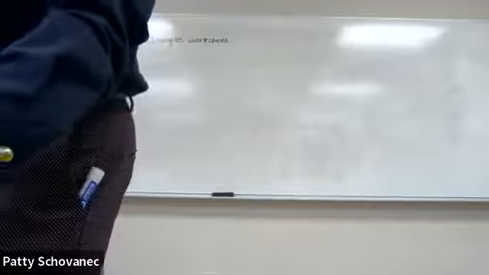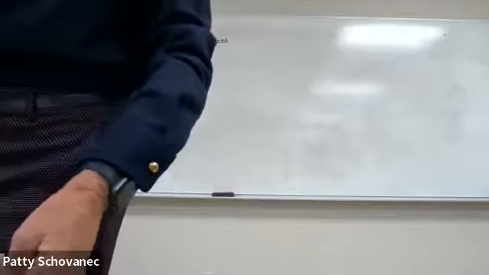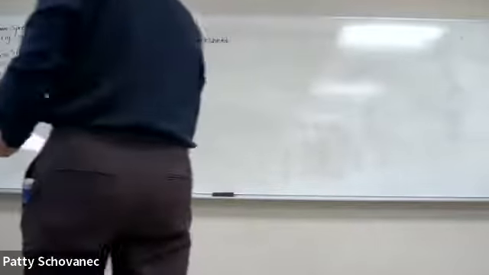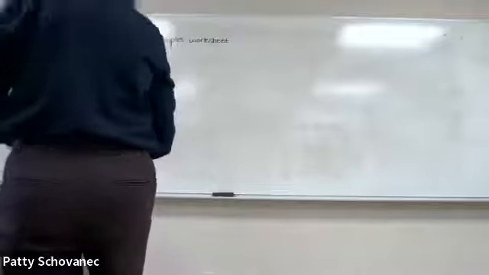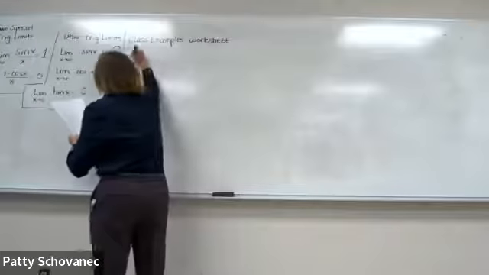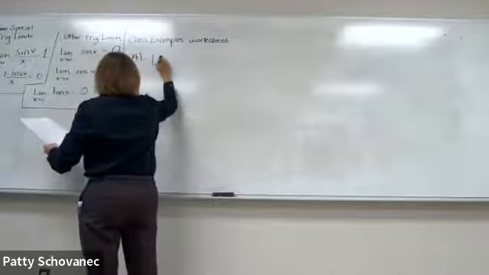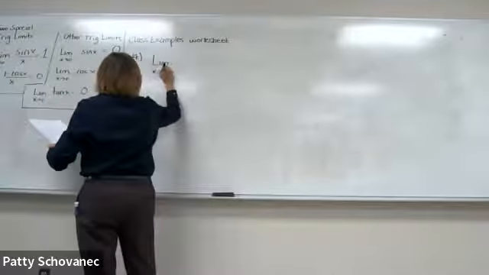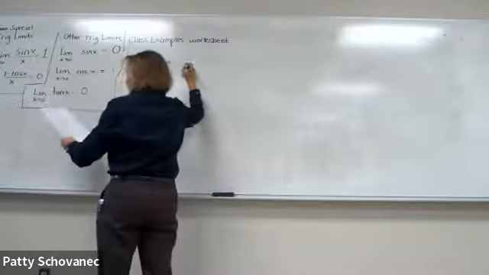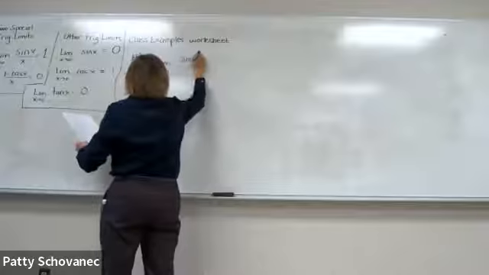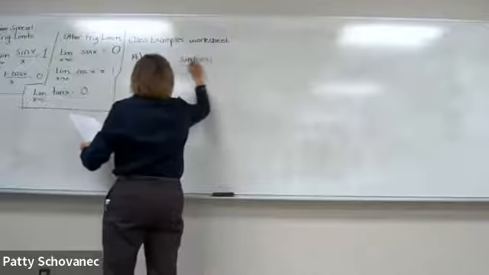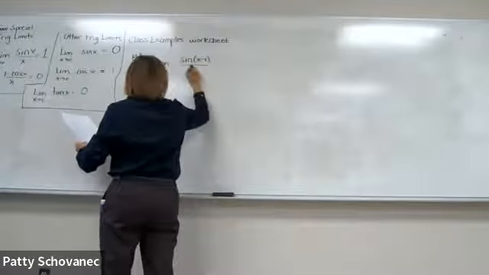All right, so we're going to do some of this stuff with trig. Take the limit as x goes to 1 of the sine of x minus 1 divided by x minus 1.